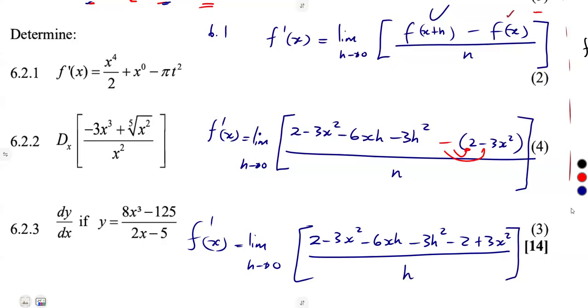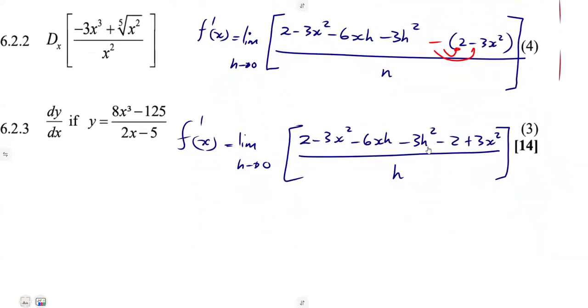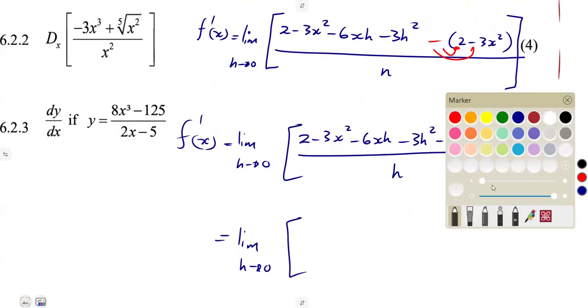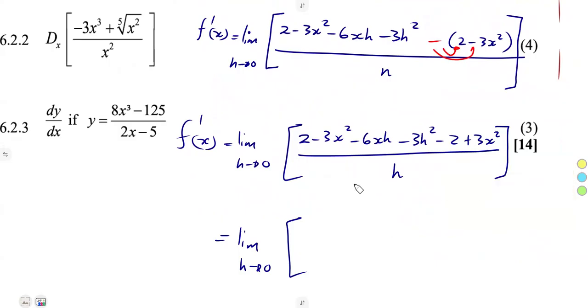And here we can collect our like terms and simplify. That's 2 minus 2, that is going to cancel, that's a 0. Minus 3x squared plus 3x squared, those are like terms, going to cancel again.